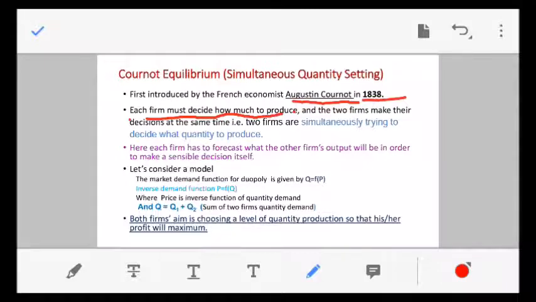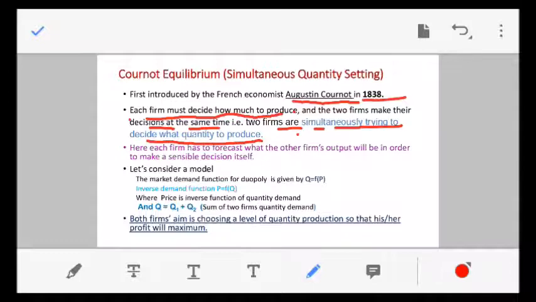The firms' decisions are taken at the same time, so two firms are simultaneously trying to decide what quantity to produce.